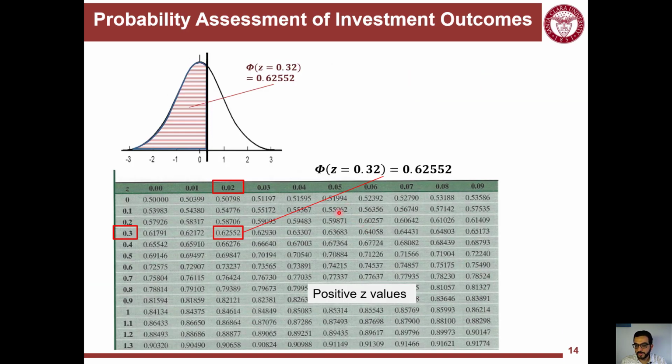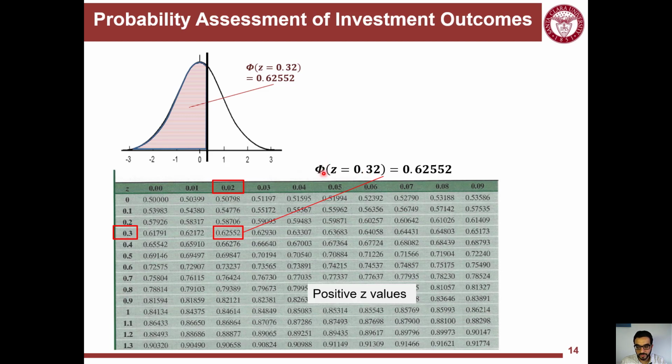So let's elaborate on that a little more. This is a positive Z value table. You can see here how I can get the value of that specific variable. What's the probability that I will be less than or equal to 0.32, or phi of Z equal to 0.32?